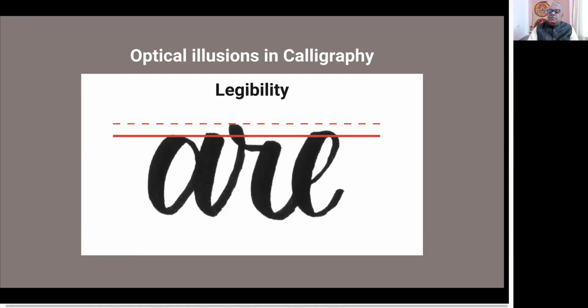In most brush pen calligraphy, there is a common thing that this stroke goes much above the x-height and comes down. So theoretically it is not fitting into any grid. It doesn't align into any grid, but still you can see how visually it appeals and it really increases the legibility.